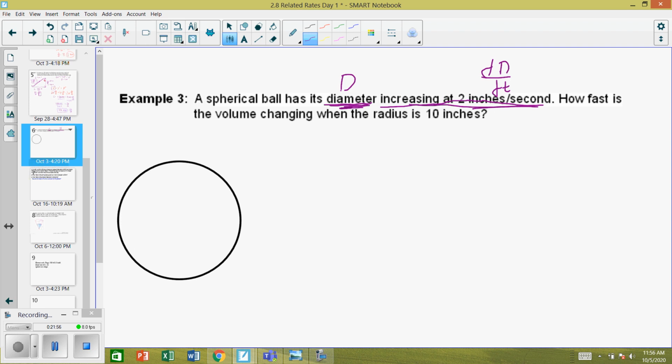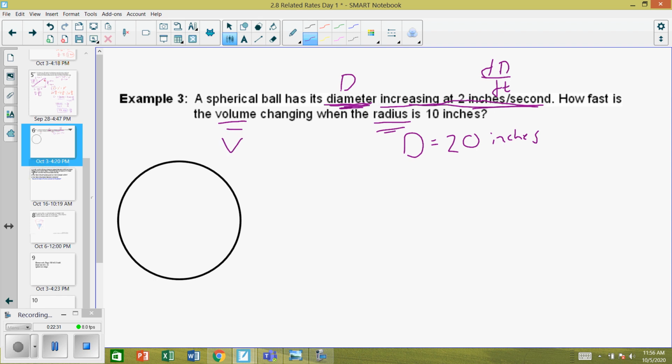So if the rate of change is in terms of the diameter, then maybe we should also write our variable in terms of diameter. Right here, we're given that the radius is 10 inches. Let's make sure to label that as diameter being 20 inches, right? Diameter is just double the radius. I think that's going to help, okay? So it's giving us the diameter at a given moment of time, and it's giving us the rate at which the diameter is changing. But it's curious about how fast the volume is changing.